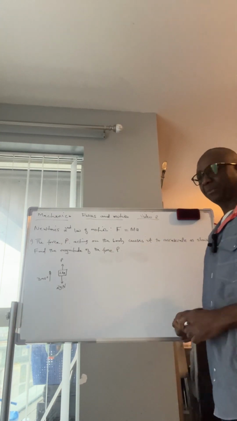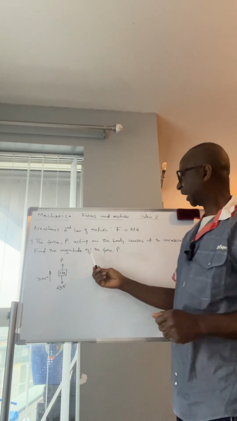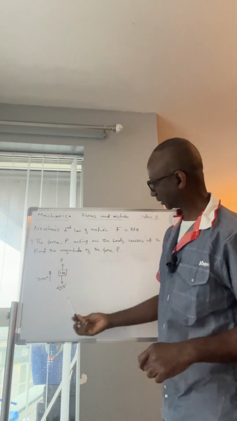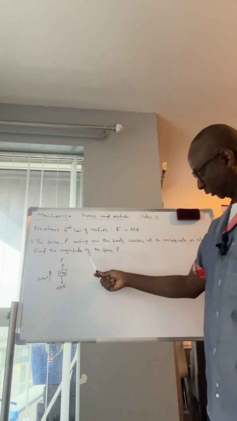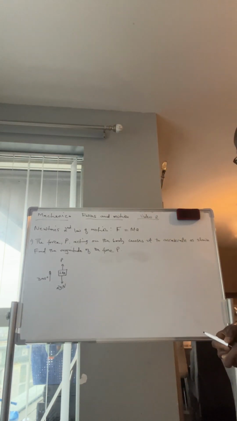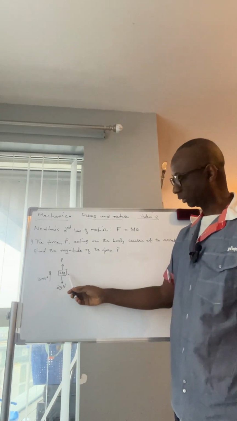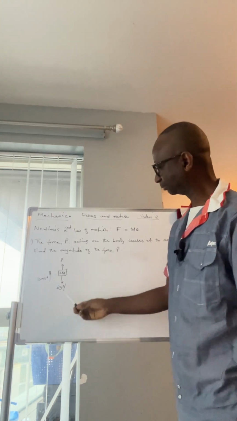Now we have a problem here to solve. The problem says the force P acting on the body causes it to accelerate as shown in this diagram. We are asked to find the magnitude of the force P. This is a body of mass 2 kilograms, or a particle of mass 2 kilograms.